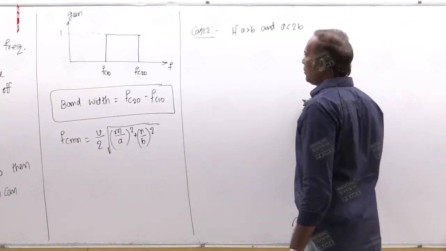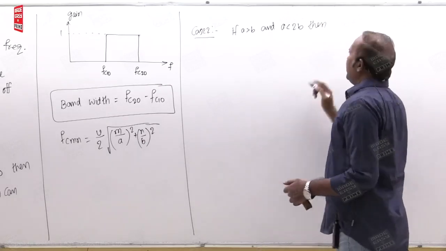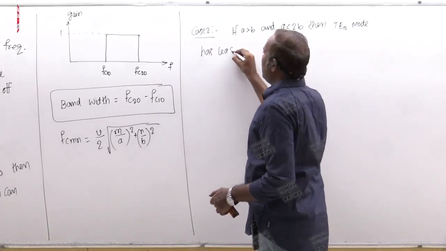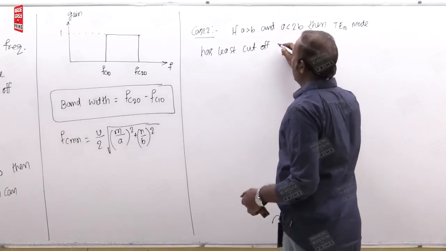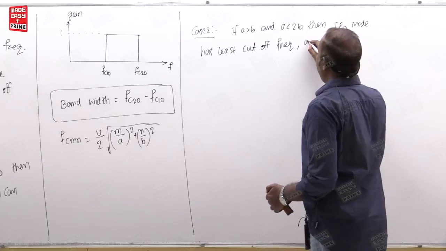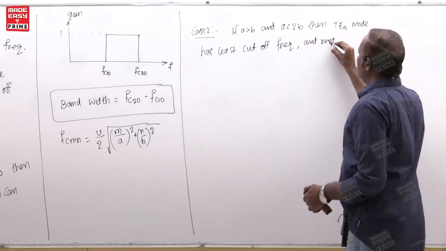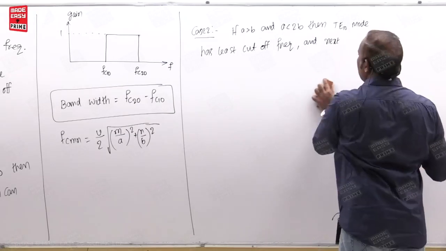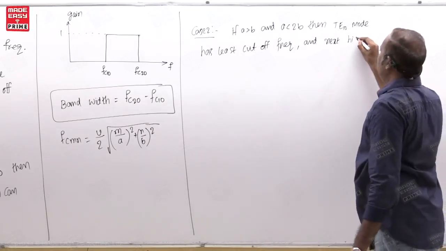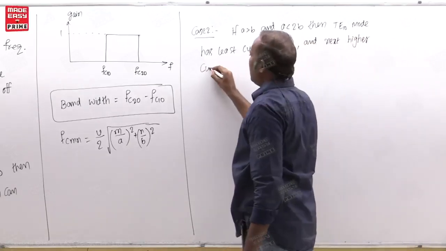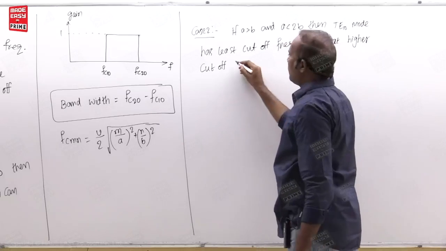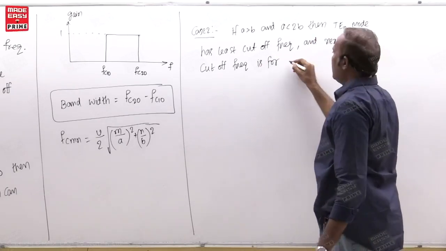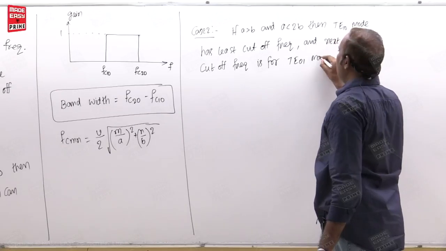If A greater than B and A less than 2B, then TE10 mode has least cutoff frequency, and next higher cutoff frequency is for TE01 mode.